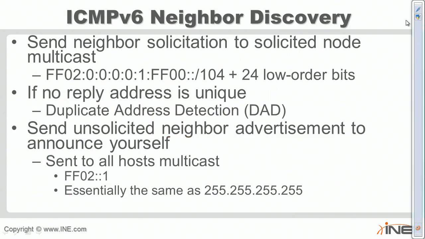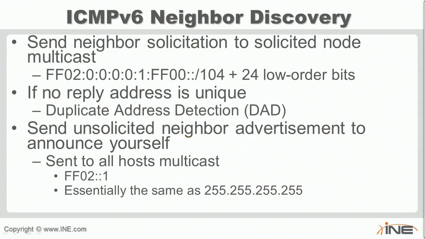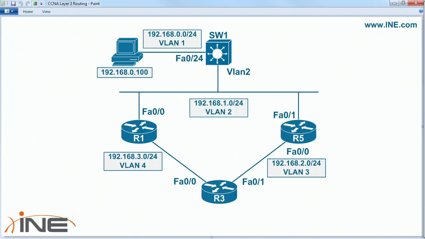So let's look at a basic example of this, where in the current topology, we have router 5 and router 1 on the LAN. On router 1, this is a sub-interface. This is .2, then I'm going to be configuring this.